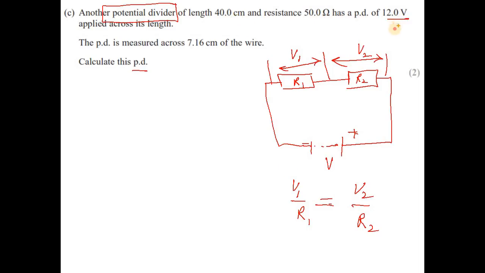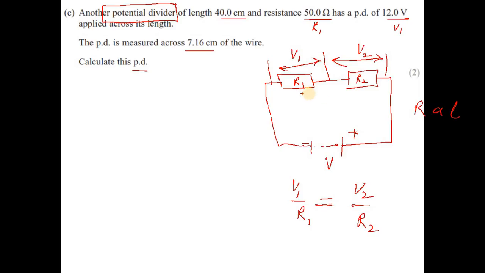But because they are using the length of the wire, we have one more concept. Because resistance is directly proportional to the length, you can use length as a resistance.